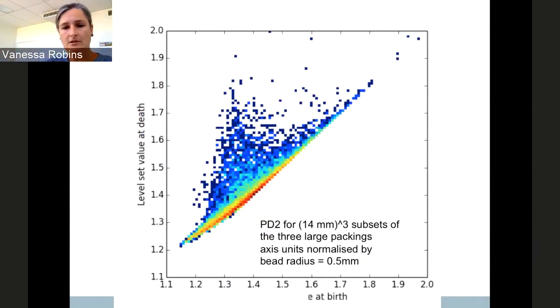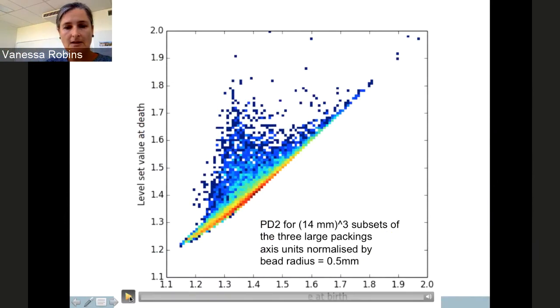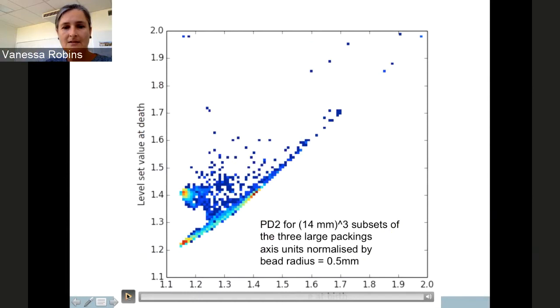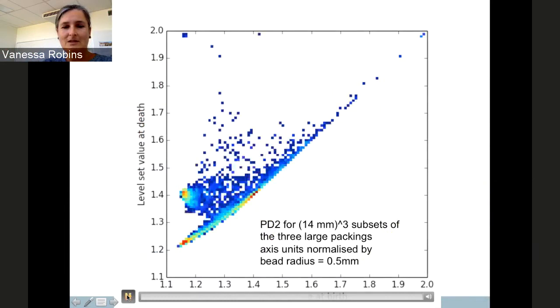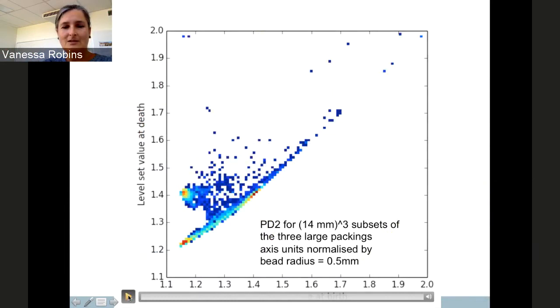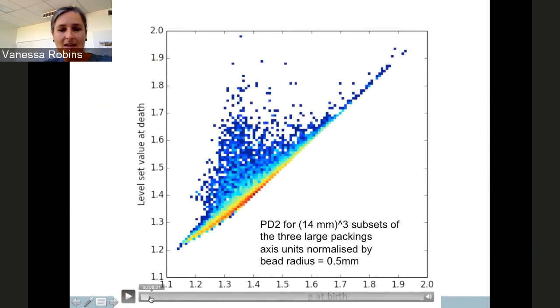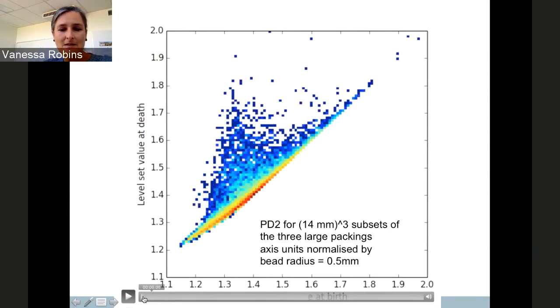All right, so there's a little video here that shows you what happens, and it may play too quickly. I couldn't figure out how to slow it down. But there should be 36 images in this sequence. So we're starting at a low packing fraction. Oh, here we go. Maybe I can do it like that. Slide it.